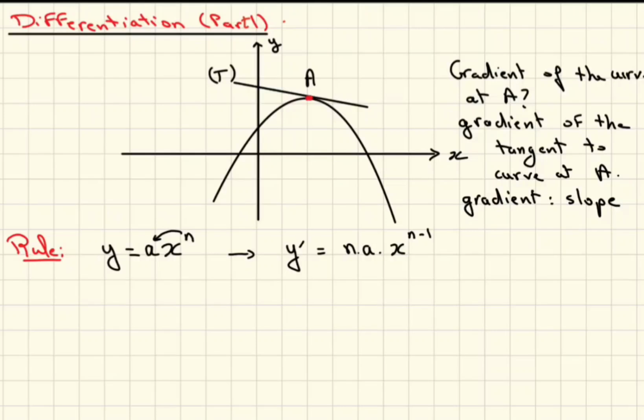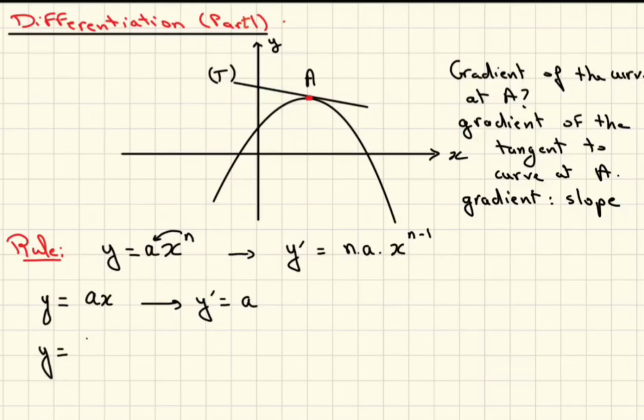This rule is very helpful for us to find the derivative of a function that looks like a polynomial. Knowing this rule, if y is equal to only ax, like a number multiplied by x, and I want the derivative of that, you can directly say the derivative is equal only to the coefficient of x, which is a in this case.